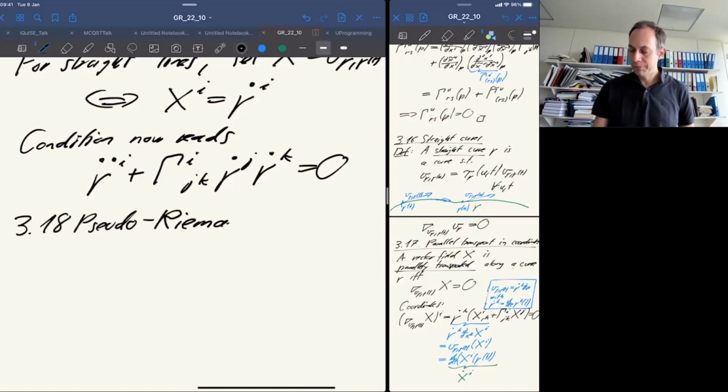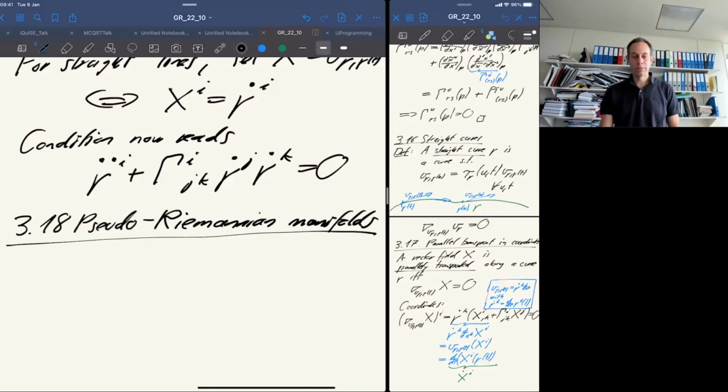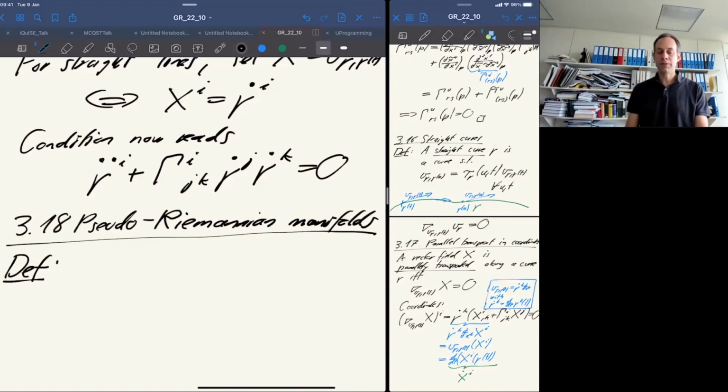Pseudo-Riemannian manifolds. What's this? So far we have introduced the following structure. We had the differentiability structure, and then we introduced this parallel transport, which defines in some way some geometry, and tells us what it means that things remain straight. And now we will introduce a structure which contains more information than that.